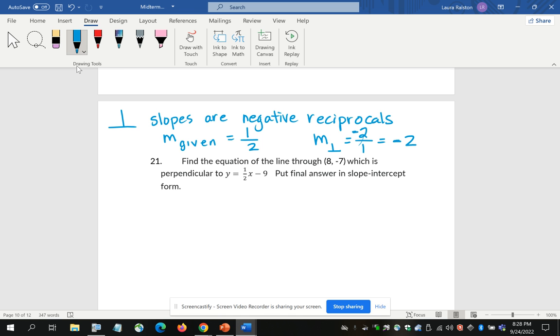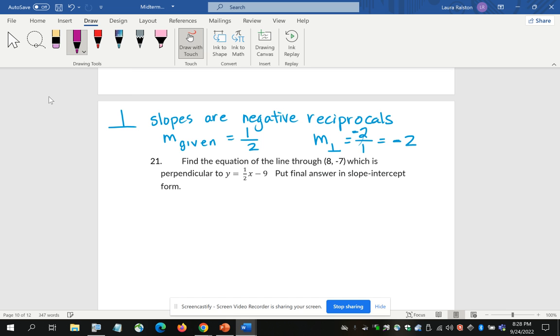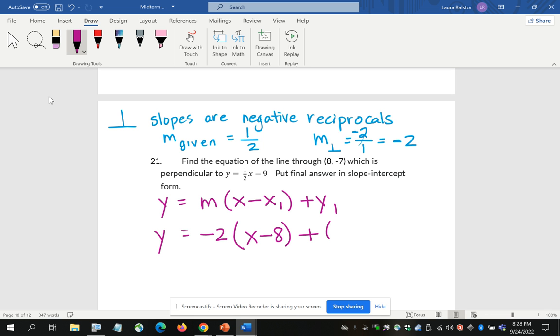And that's the slope that you want to use in the point-slope form. Okay, so y equals m times (x minus x1) plus y1. So I have y equals -2 times (x minus 8) plus -7.